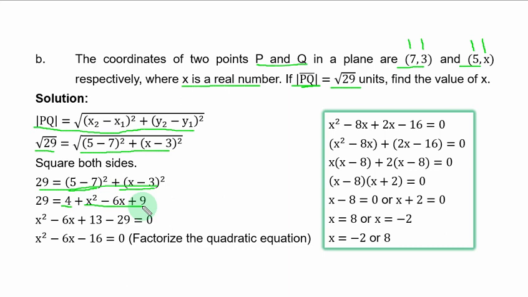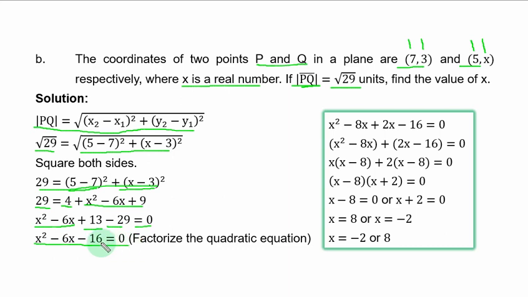So let's move 29 to the right hand side. You have s squared minus 6s, and 4 plus 9 is 13. If you move plus 29, it becomes minus 29 equal to 0. So finally you have s squared minus 6s minus 16 equal to 0.